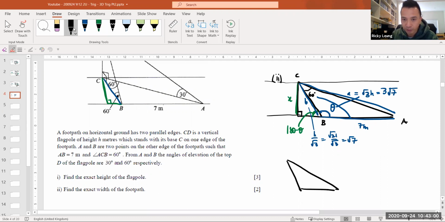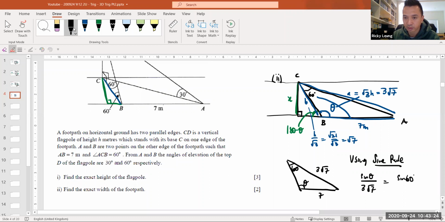Let me just draw out everything a bit neater so I can get you to visualize it. So this side's 7 and this side's 3 root 7. So using sine rule, I've got sine theta over its matching side, 3 root 7, equals sine 60 over 7.